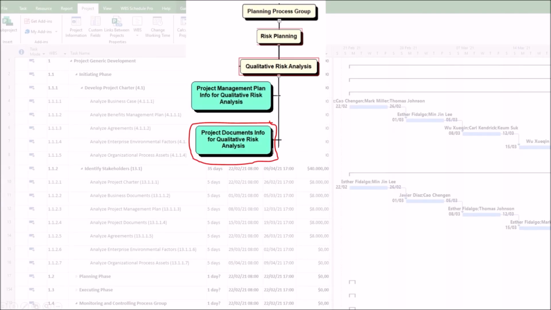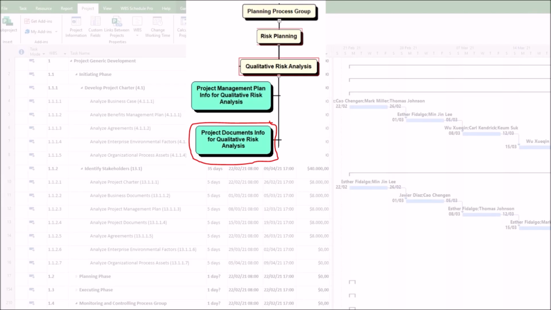How important is the input of project documents to the PMBOK Perform Qualitative Risk Analysis process? The input of project documents is critically important to the PMBOK's Perform Qualitative Risk Analysis process. It is not just an input. It is the primary source of data upon which the entire analysis is built.